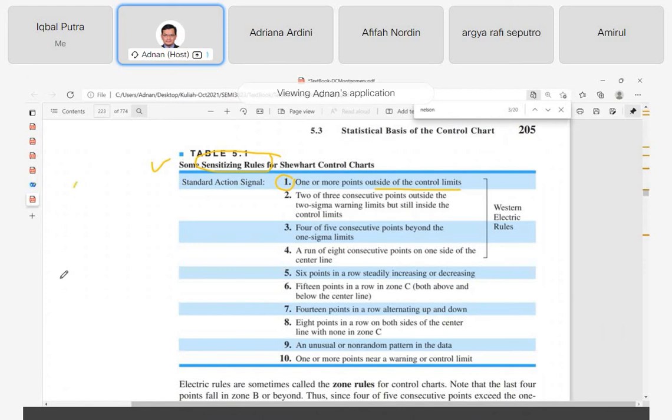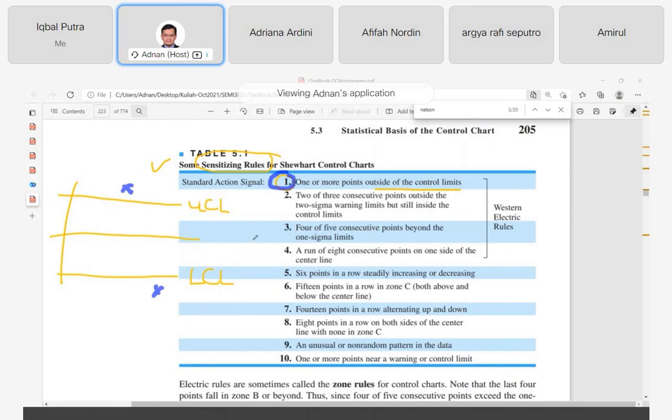We have the upper control limit and the lower control limit. This rule only considers one point outside the control limit. This is rule number one.